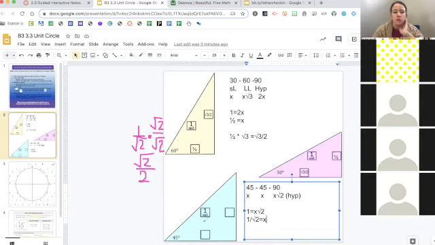So now I no longer have a radical in the denominator. So x equals square root of 2 over 2. And that's what we're going to put in our little text boxes here. Remember, if one side is that, so is the other.